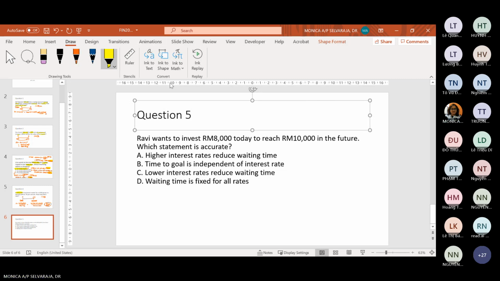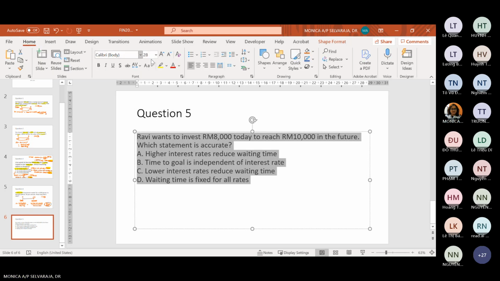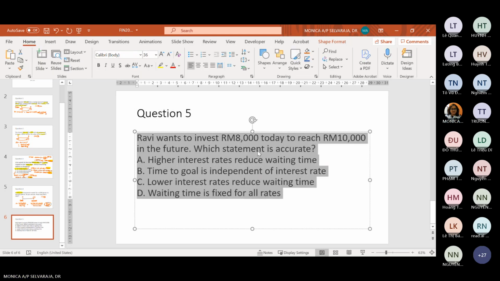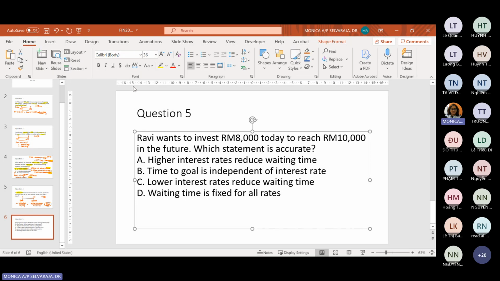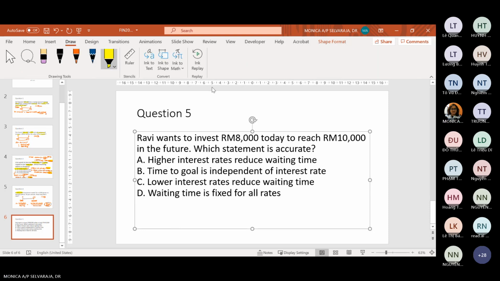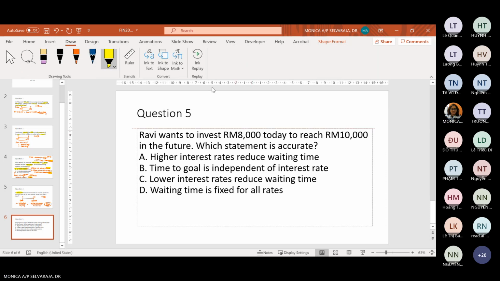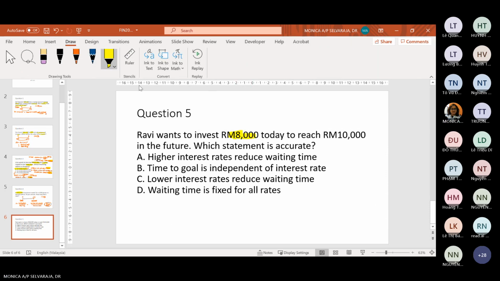Okay. Ravi wants to invest 8,000 today to reach 10,000 in the future. Which statement is accurate? Higher interest rate reduces waiting time. Time to goal is independent of interest rate.